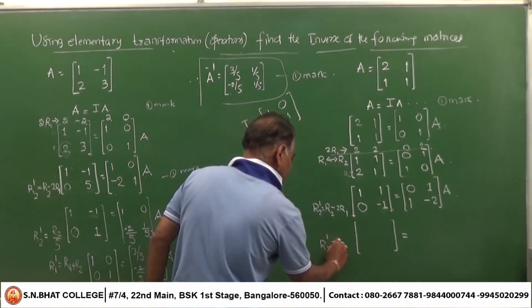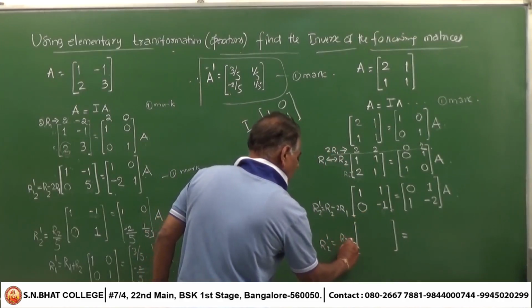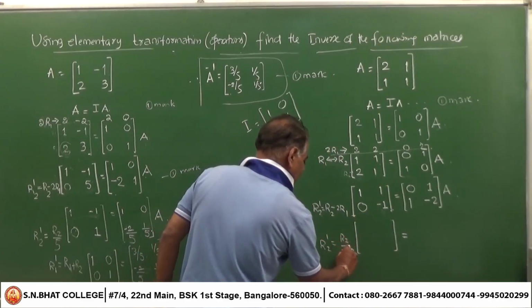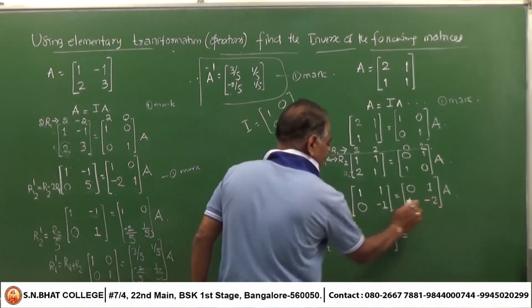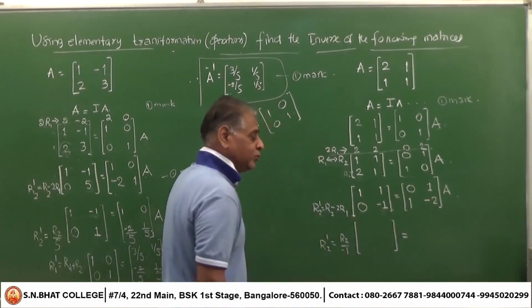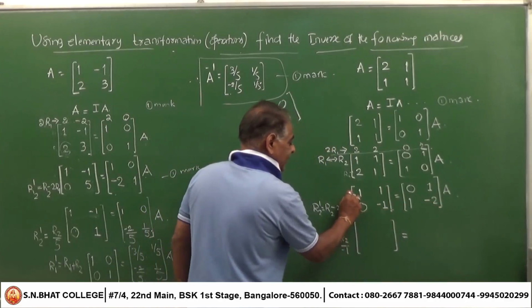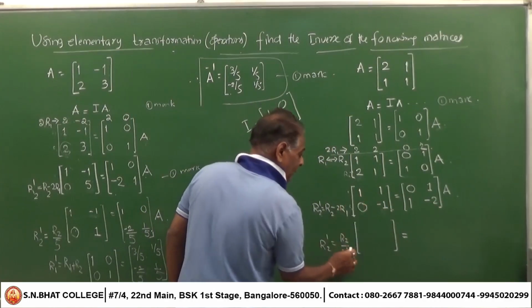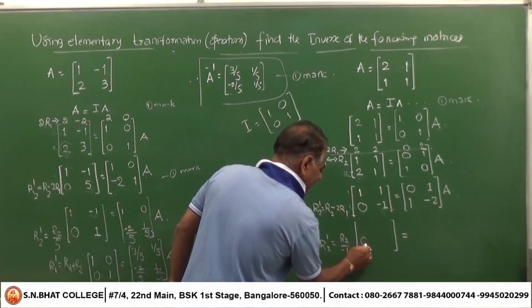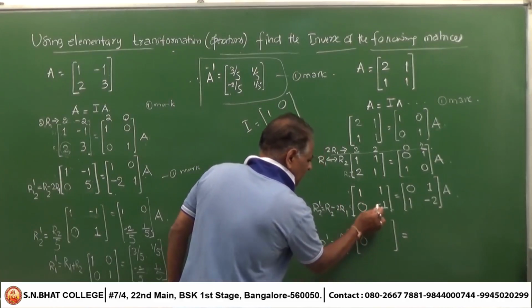R2 dash is R2 by minus 1. Divide this element by minus 1: minus 1 into minus 1 becomes plus. This is R2, this is R1. Divide R2 by minus 1. 0 by minus 1 is 0.